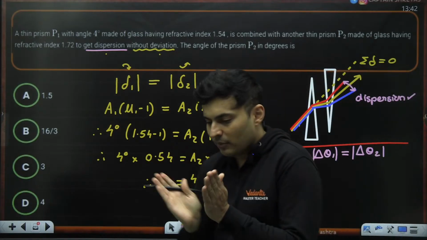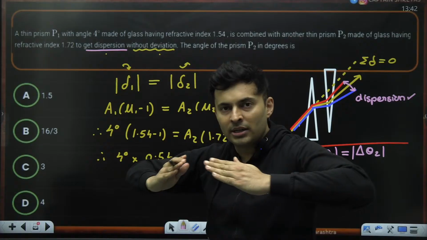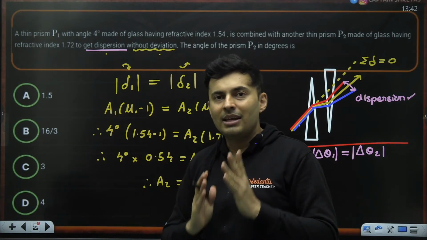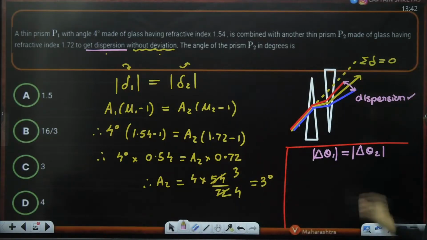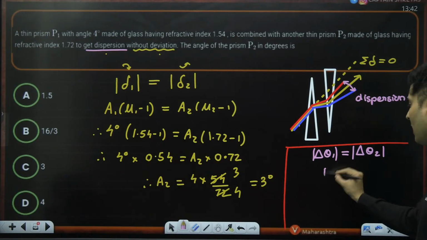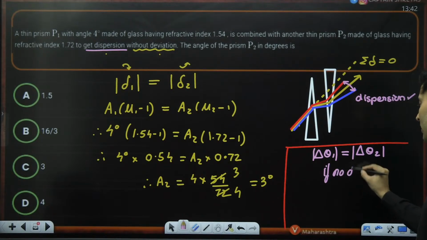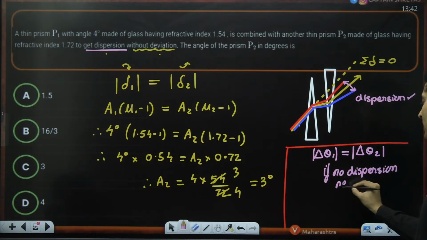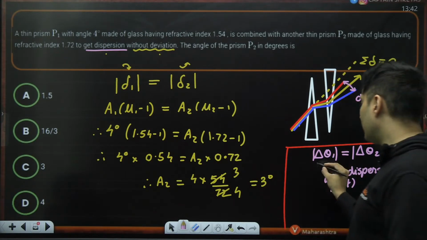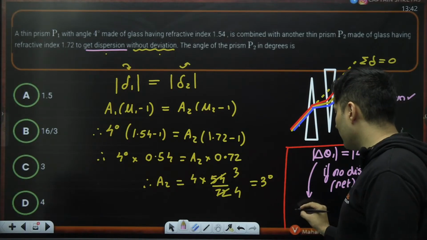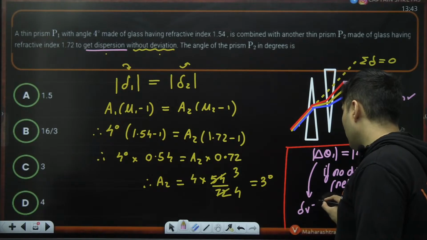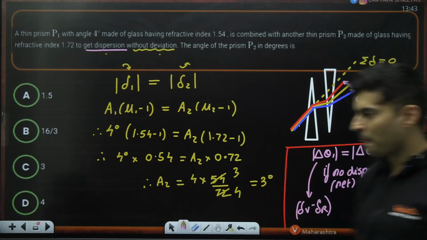So whatever it's spread by, it is again countered and it is converging. So there is no spreading which is happening in the net combination of the prism. So delta theta will be equated if there was no net dispersion. And remember, delta theta is nothing but deviation of your violet color minus the deviation of your red color. Yeah, that is the formula. Correct.